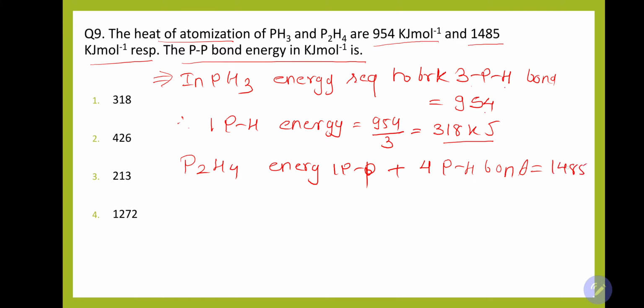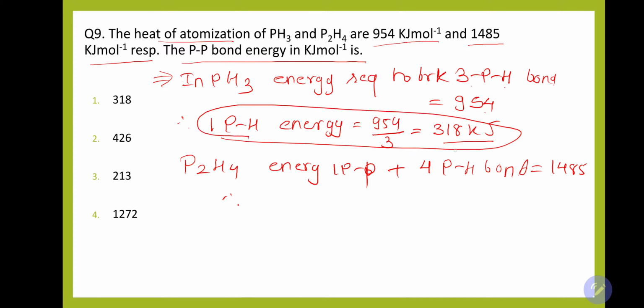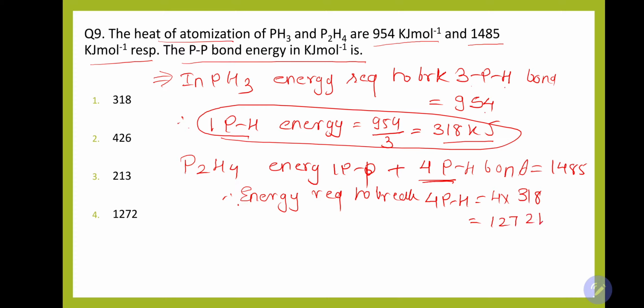Now here, the energy required to break one PH bond is 318 kilojoules, right? So what is the energy required to break 4 PH bonds? It is 4 into 318, which is equal to 1272 kilojoules.